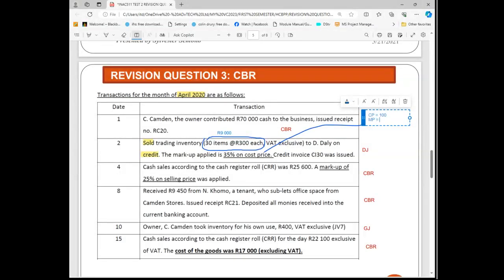MP, markup, is 35%. So CP 135. Thank you. So now we analyze everything there, and we know that VAT is not included, né? Exclusive. Yes.